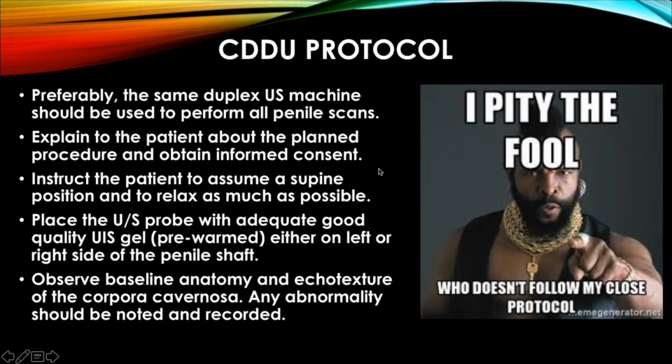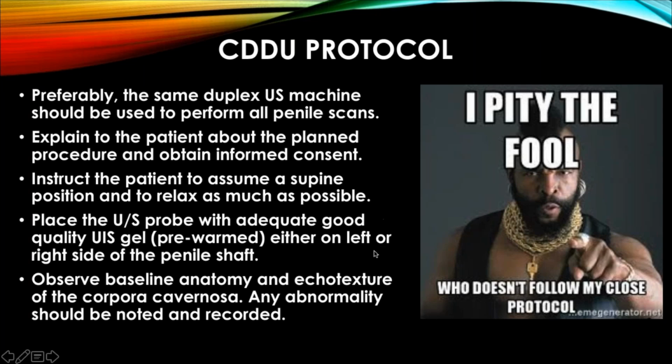Again, you want to get an informed consent because there are potential side effects, and the consent should include things like prolonged erection or priapism, scarring, penile discomfort. Instruct the patient to get in the supine position and try to relax as much as possible. And again, usually before I do the injection, we do a baseline ultrasound.